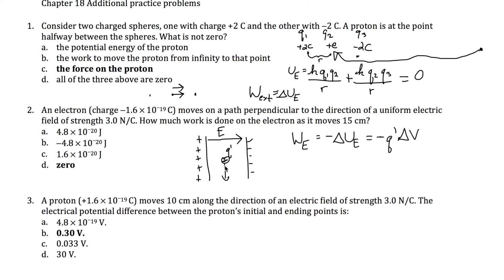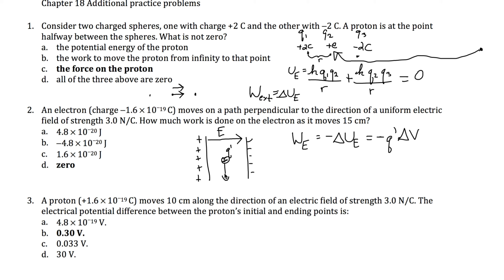In this problem, because the charge is going perpendicular to the field, all these points on this vertical line are all at the same potential. Another way to think about it, all these points here are at the same distance from this positive charge, from this positive plate. So all these points here are the same potential.